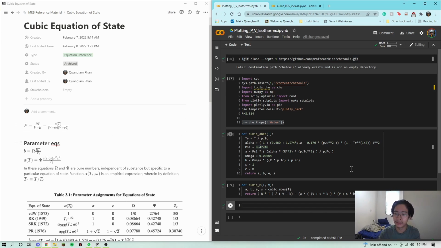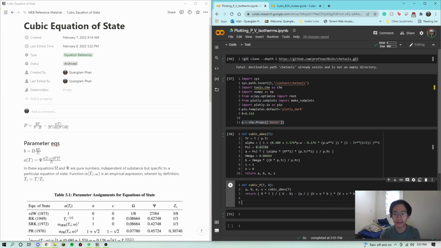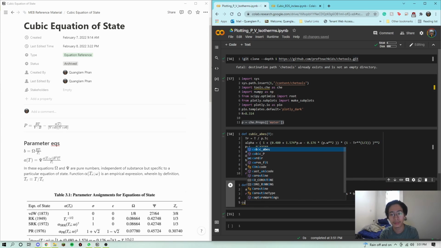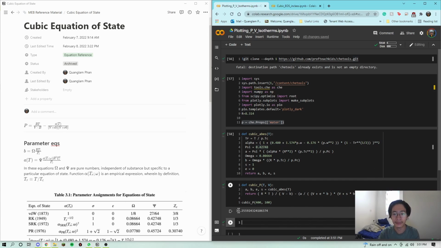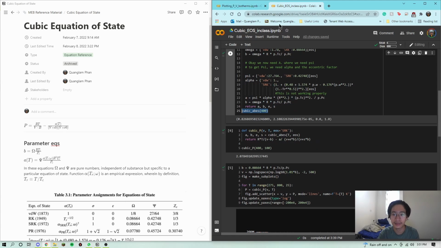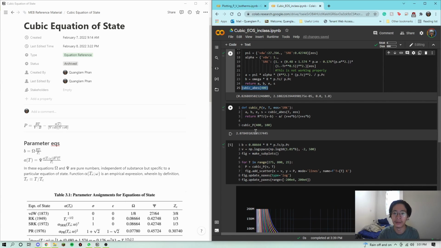Well, let's debug and double check, okay? Cubic underscore P. If I can type, holy moly. We'll do 400 and 100. Okay, returns that. Let's check that against a known working function.